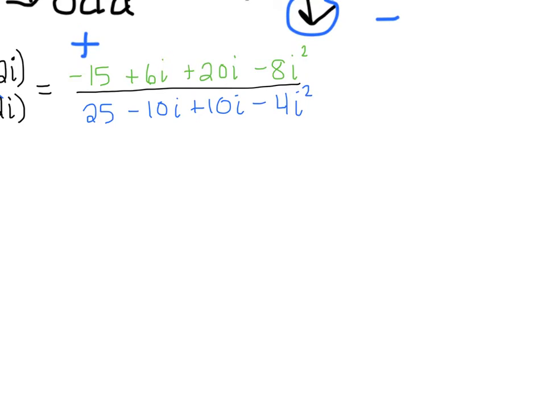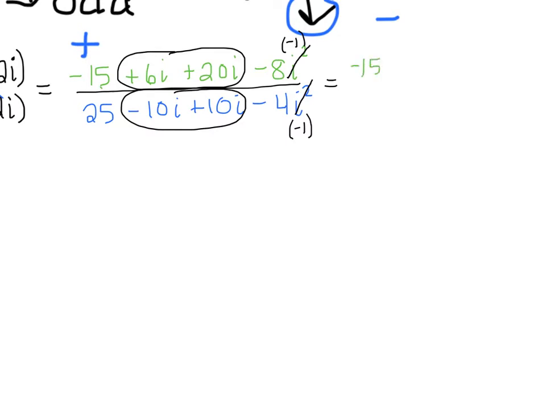So what I'm noticing here is I can combine those middle terms, I can combine those middle terms, and anytime you see an i squared, you cross it out and replace it with negative 1. So I'm going to do that on the top and on the bottom. Now I'll rewrite what I have. I have negative 15. 6 plus 20 is 26i.